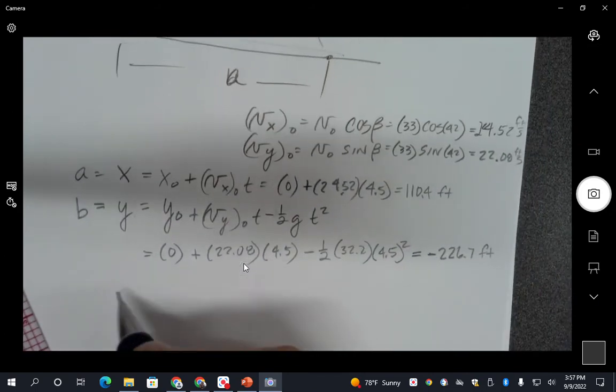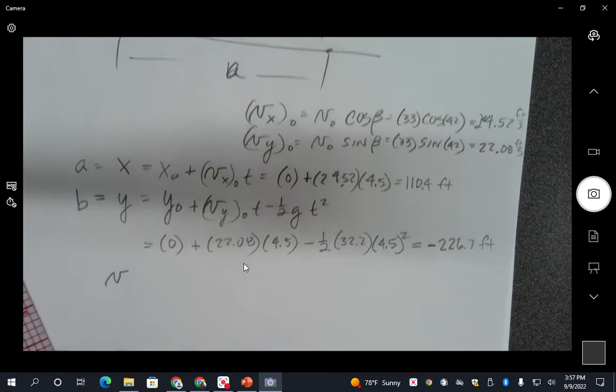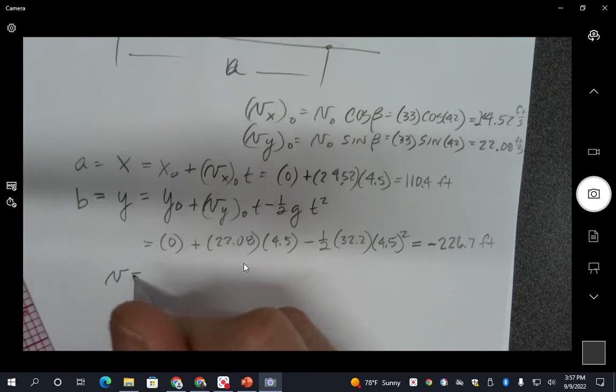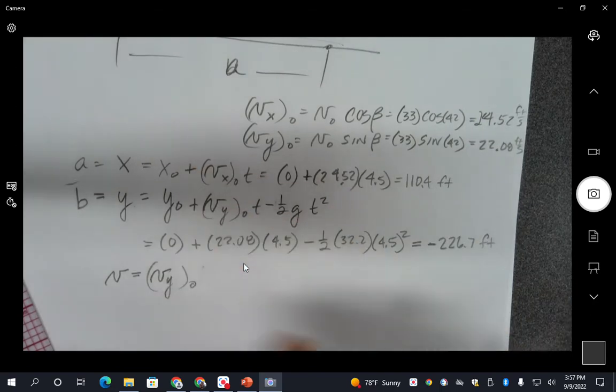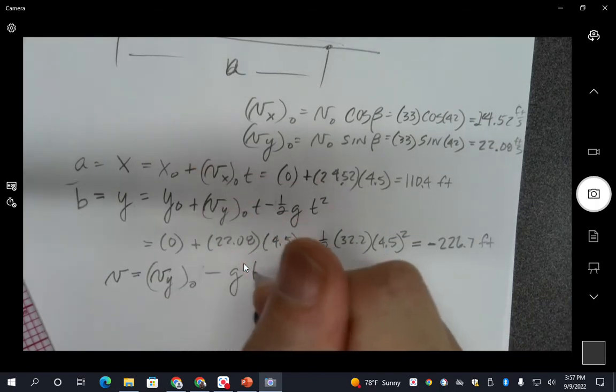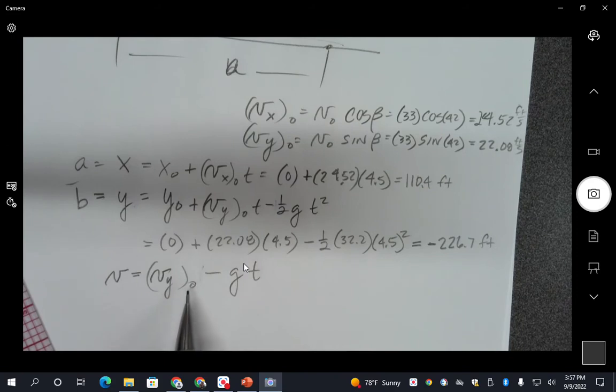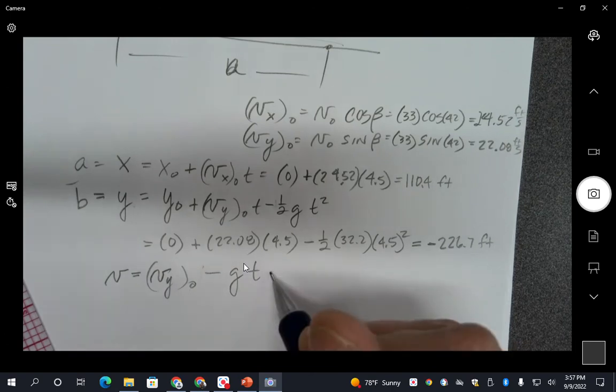So we want to find its velocity just before it lands. So the easiest way is to go to this equation right here. We don't use this equation a lot, but this is going to be the most straightforward, the quickest way to get this velocity at the end, right? You agree with that? Sure.